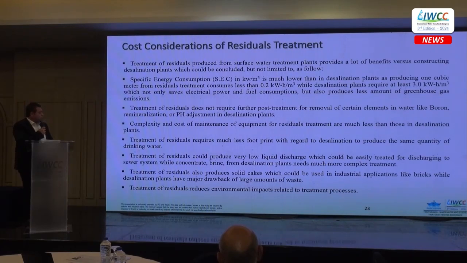Treatment of residuals doesn't require further post-treatment for removal of certain elements in water like boron, or remineralization or pH adjustment like in a desalination plant. Complexity and cost of maintenance of equipment for residuals treatment are much less than those in a desalination plant.